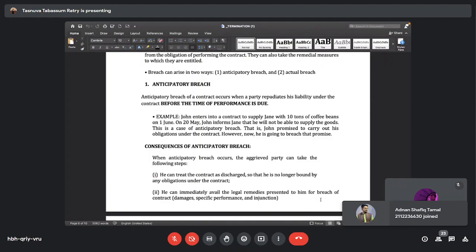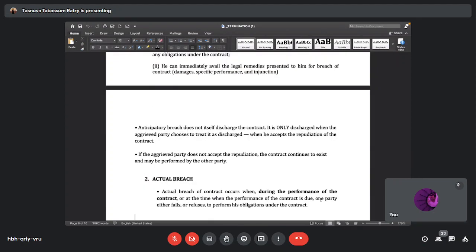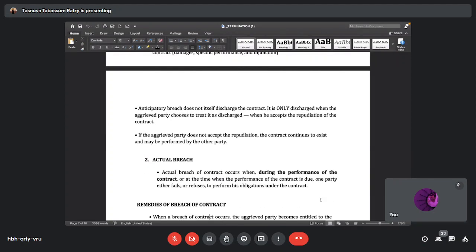Because at the date of the performance of the contract, or the date when the performance is due, the party refuses or repudiates their liability to perform. We call that actual breach. So breach of contract can either be anticipatory, where the parties have failed to fulfill their obligation before the date of the performance, or actual breach, which occurs at the time when the performance of the contract is due and one of the parties fails or refuses to perform.